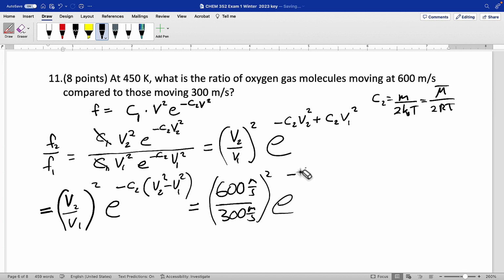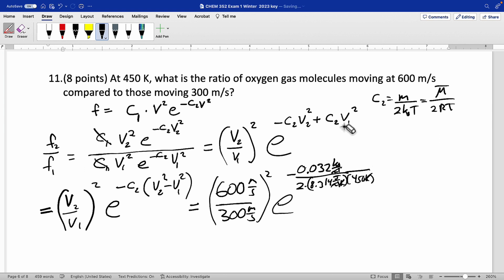So what do we have? We had the molar mass, which we said was, let's see, it's oxygen, so it's 0.032 kilogram per mole. We divide it by 2 times 8.314 joules per mole per Kelvin. The temperature, which we said was 450 kelvins. Okay, so our kelvins are going to cancel. The moles are going to cancel, so what we've got left is kilograms and joules.